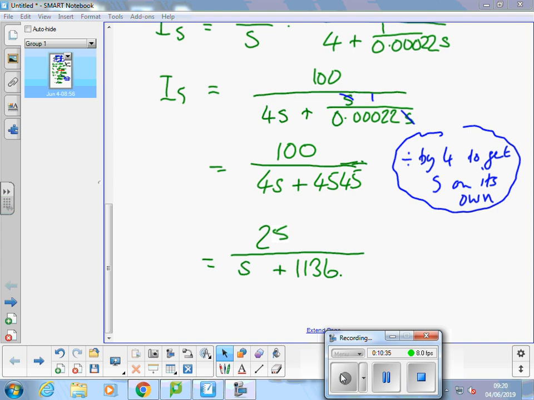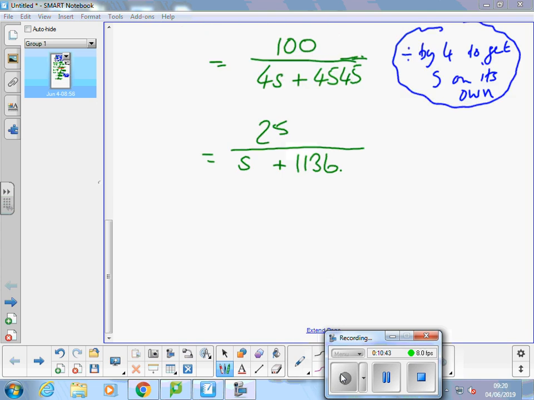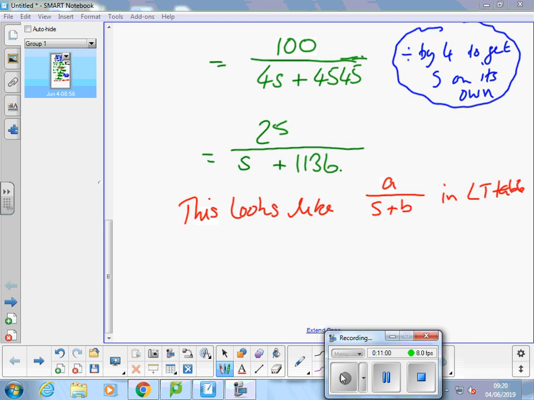All right? Now, that looks like I over s plus b in the Laplace table. Yep.